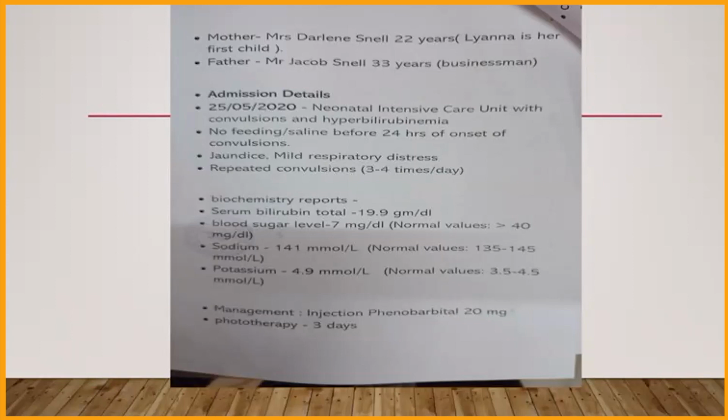So while writing, you don't have to necessarily quote all these. Because definitely if the baby has hyperbilirubinemia, the bilirubin count will be high, isn't it? And because she hasn't been breastfed, definitely the sugar level can drop. And the potassium is also high, so you don't have to say everything in detail.